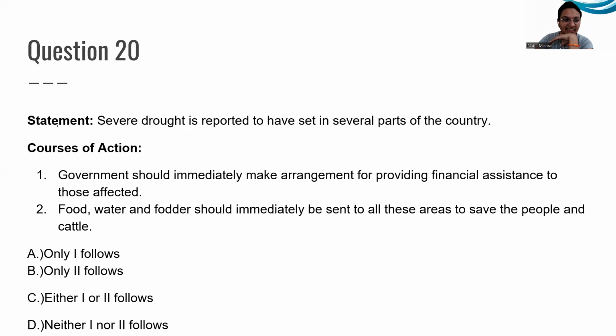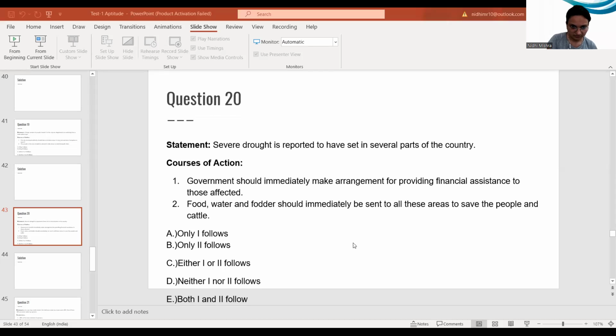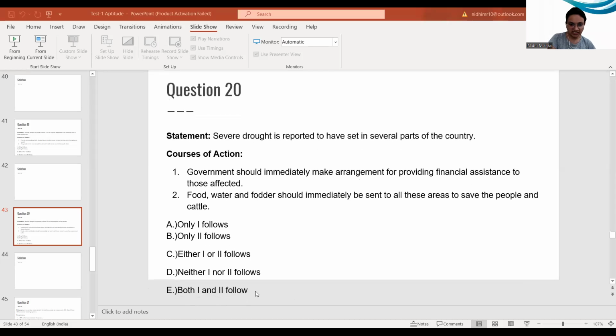Okay. What is the statement? Let's see. Just a second. Yeah, see, option is there. Option E is there.